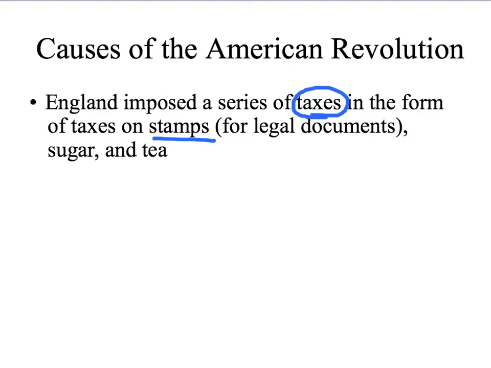Or if you inherited money from a family member who had died, you needed a death certificate. Newspapers had to have stamps on them. So any type of document at all had to be stamped, so you had to pay an extra tax. You'd also have to pay extra money for things like sugar and tea. So really, everyday items are being taxed, so everyone is feeling the brunt of this.